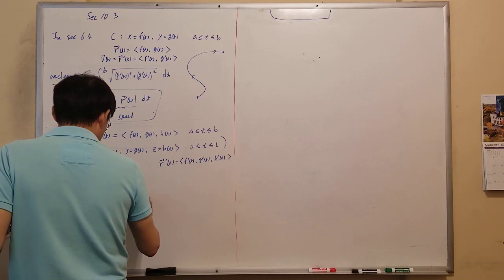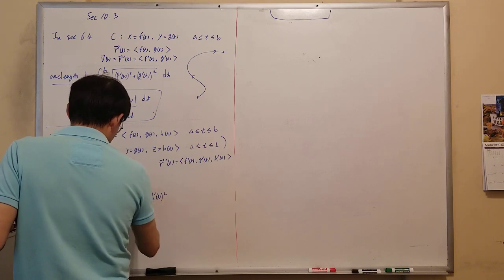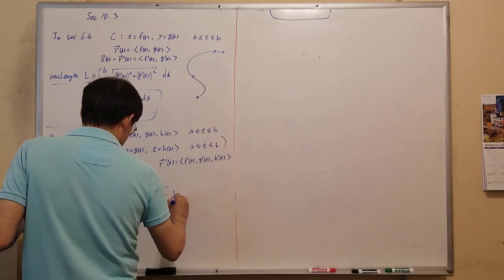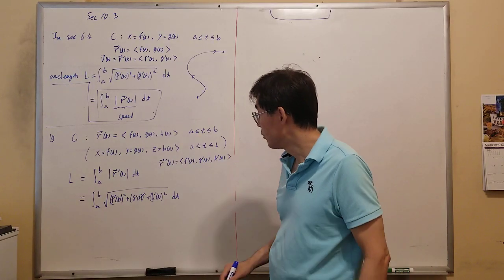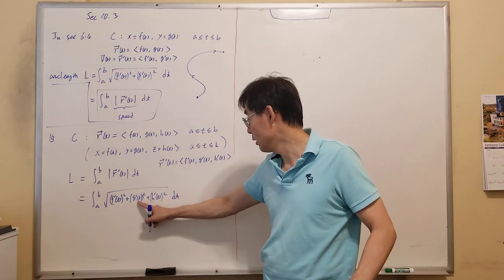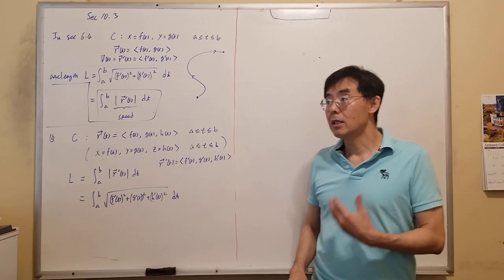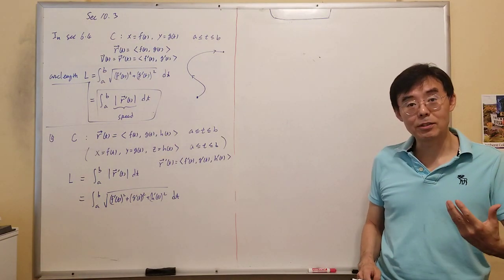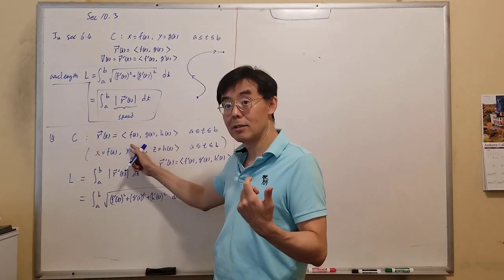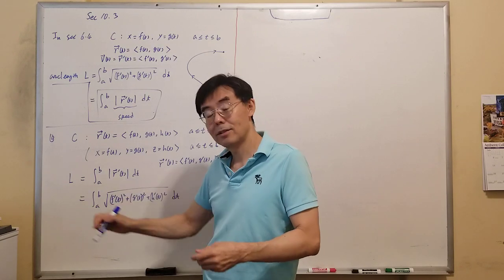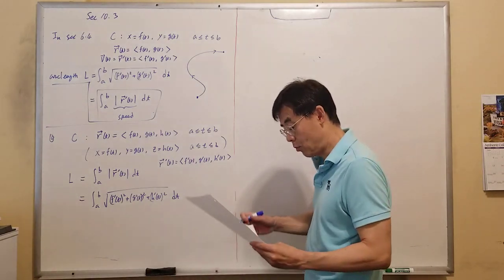So you're going to get this. You can write it dx over dt squared, dy over dt squared, dz over dt squared if you want. So anyway, we use the total distance traveled by a moving object whose position function is this to calculate the arc length of the trajectory curve. Alright, let's do one first example.